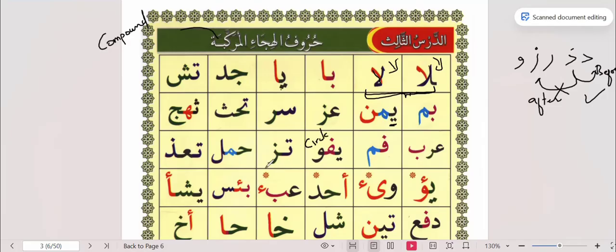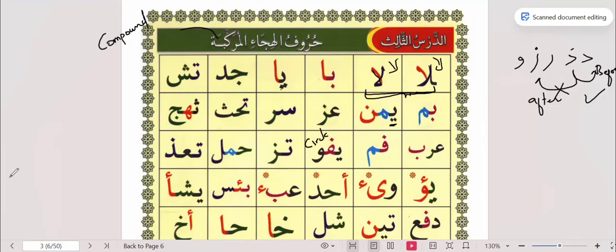Ta, Za, Ha, Mim, Lam, Ta, Ain, Zal, Ya, Hamza, Ya, Hamza.